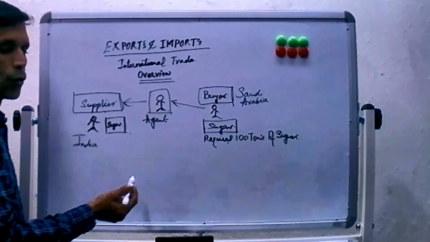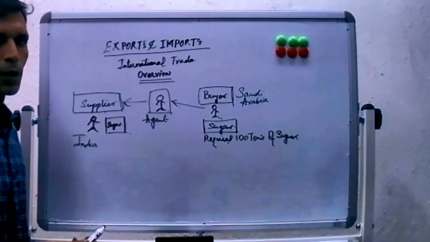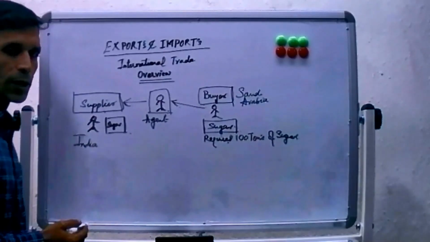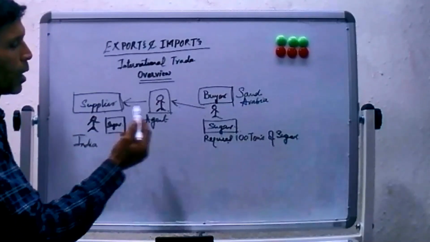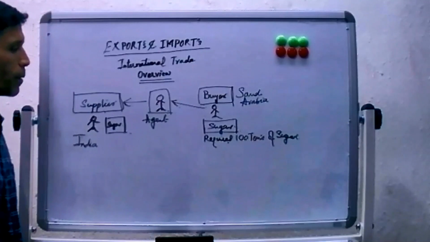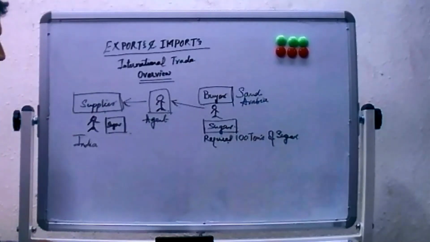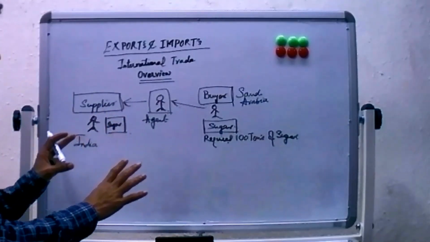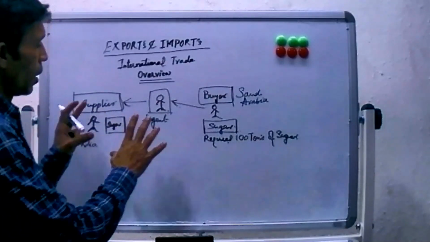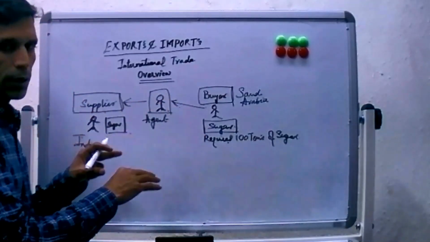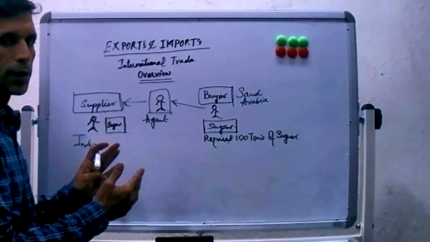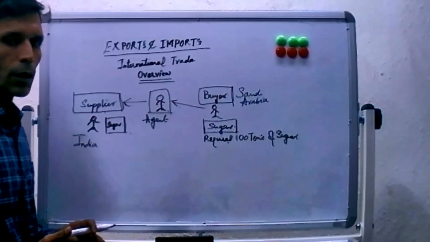Let us say you have searched quite many suppliers who can provide this, and this supplier is based in India. Now the question is how you are going to do the deal between both of them. Remember this, and I'm going to show you next how a deal happens between the buyer and the supplier directly, without your involvement.